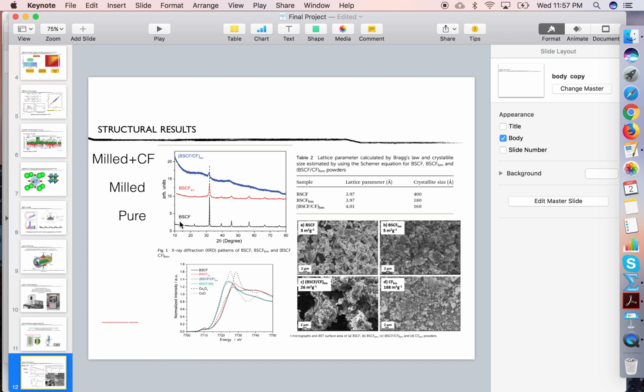When we say the BSCF pure form, it is after the preparation and after the calcining of the material. When we say milled, it is the ball milled version of the prepared perovskite. And when we say BSCF/CF, it refers to the ball milled particles being mixed with carbon fibers and then being ball milled again.